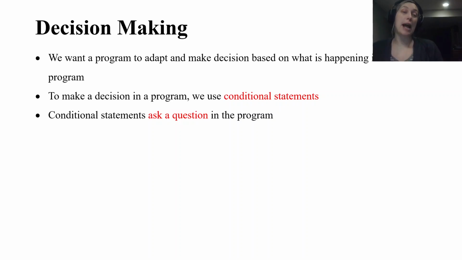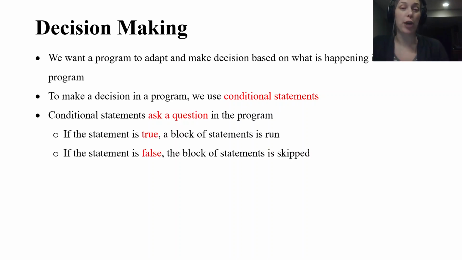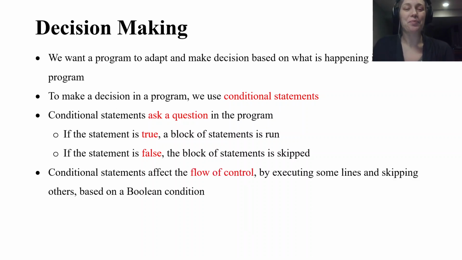Conditional statements basically ask a question in your program, and if that question is true, the block of statements is run, and if the question is false, the block of statements is skipped. Okay, so you ask a question, and the answer to that question is either going to be yes or no. Just two possible outcomes. And based on that outcome, a code segment is either run or not run.